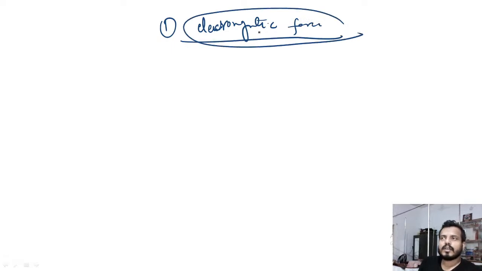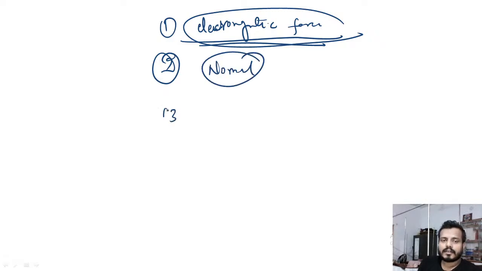Second thing we learned is that friction depends upon the normal to a surface. And third thing we learned is the quantifying of friction.